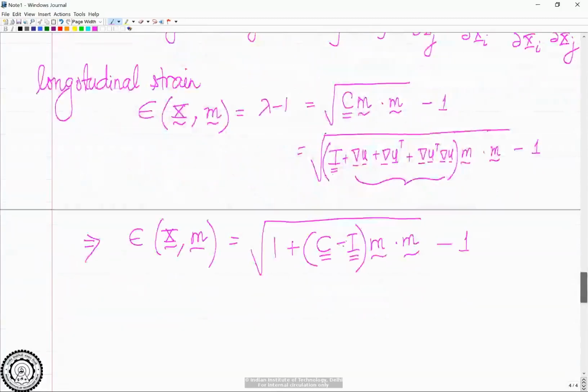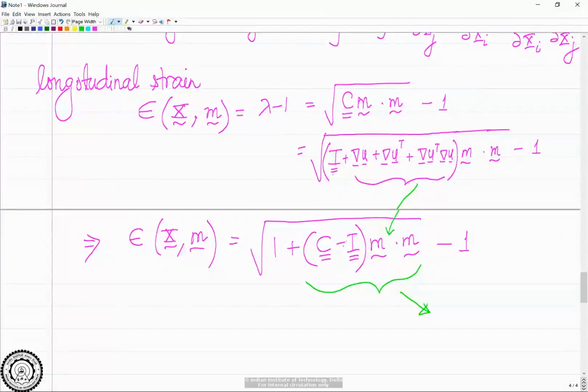Now let us understand the order of this term. If you look at C minus I, it has a term which is linear in displacement gradient and a term which is quadratic in displacement gradient.